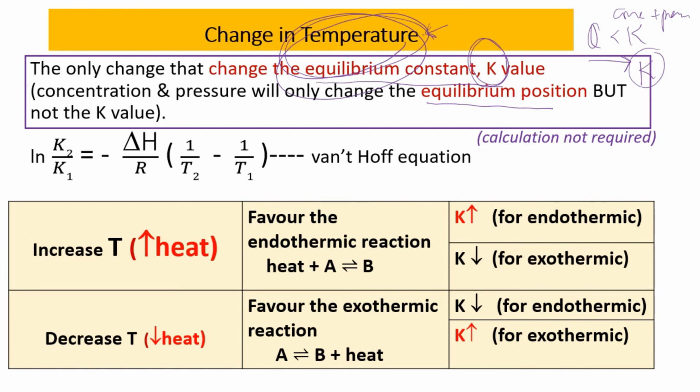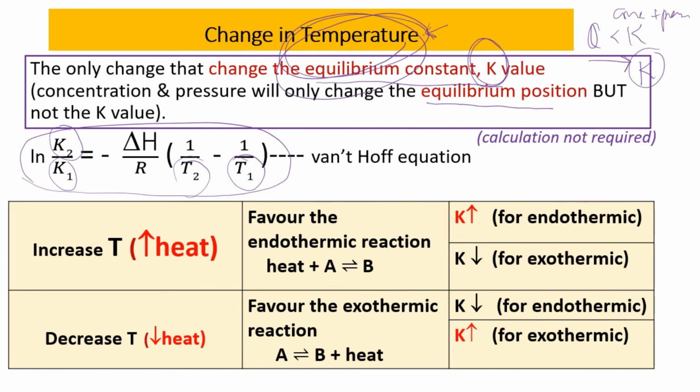This is proven by the Van't Hoff equation, which is shown here. Now this equation tells us when you have different temperatures, T1, T2, your equilibrium constant will change from K1 to K2.